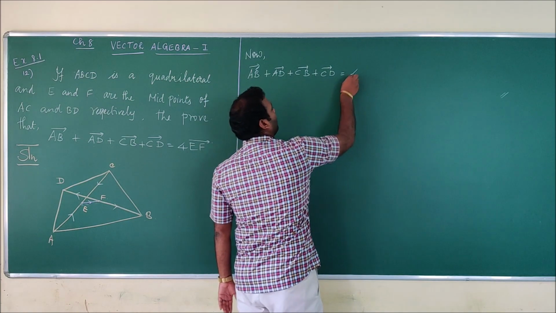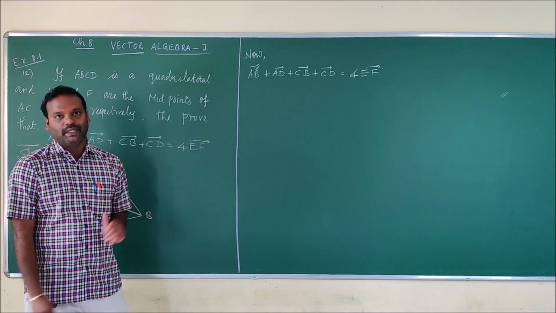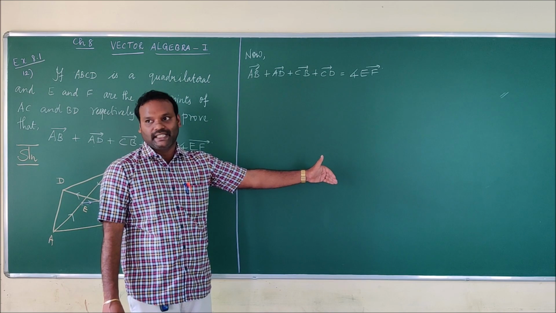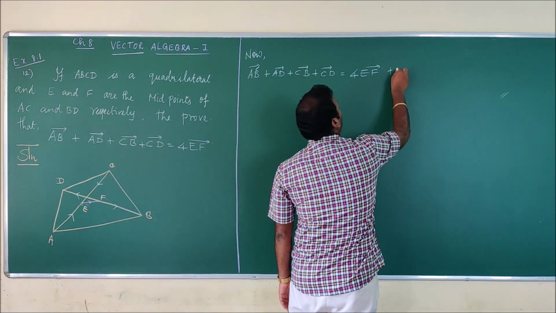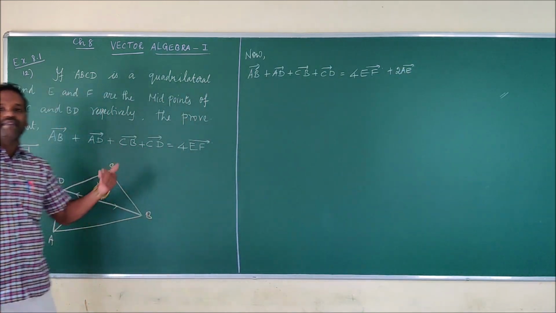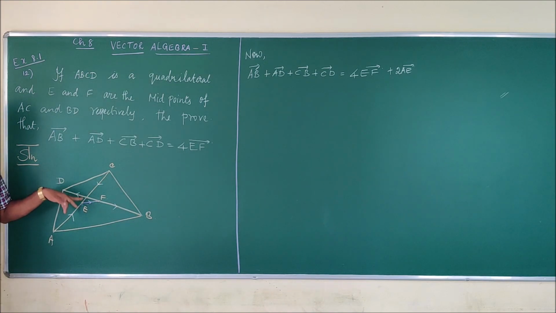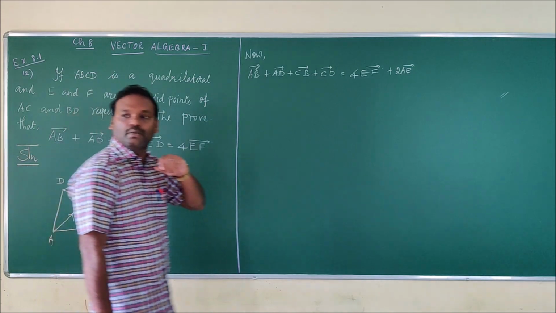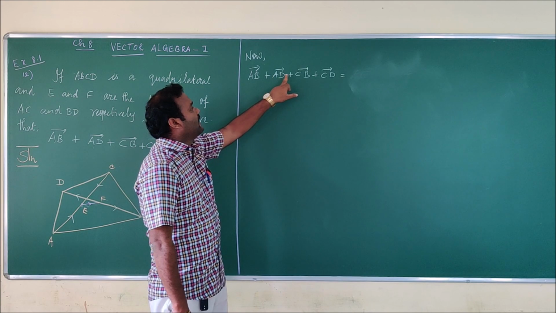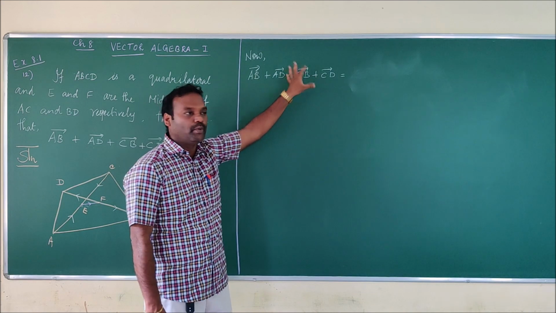Next, you will have 2 times of AE vector, and then you are having 2 times of CE vector. We have found out the vectors separately. I am going to write all the vectors.